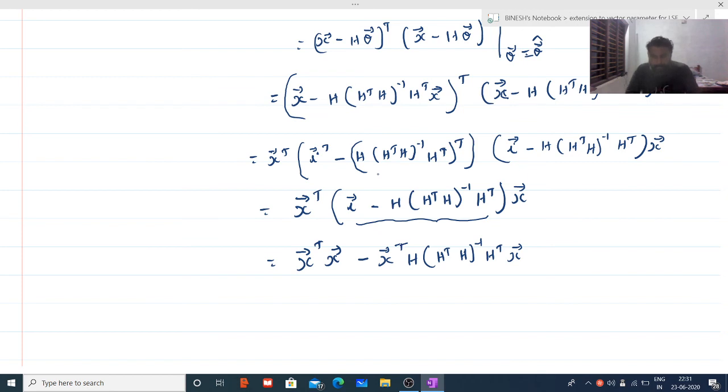Clear. Okay. So the last step, that step result of the fact that I minus H of H transpose H inverse H transpose, that is I minus H of H transpose H inverse H transpose.